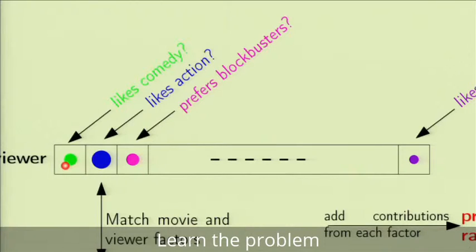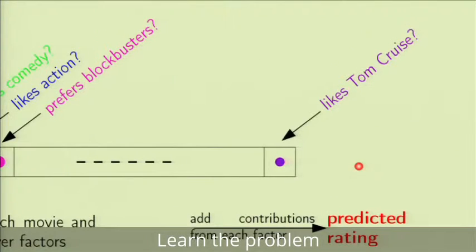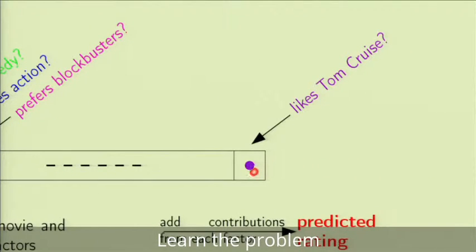Does the movie have a lot of comedy? From a viewer's point of view, do they like comedy? Do they like action? Do they prefer blockbusters, or do they like sort of fringe movies? And you can go on all the way, even to asking yourself whether you like the lead actor or not.